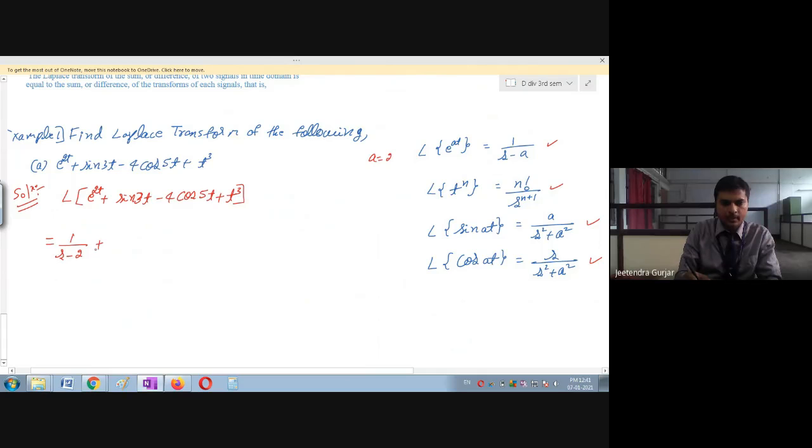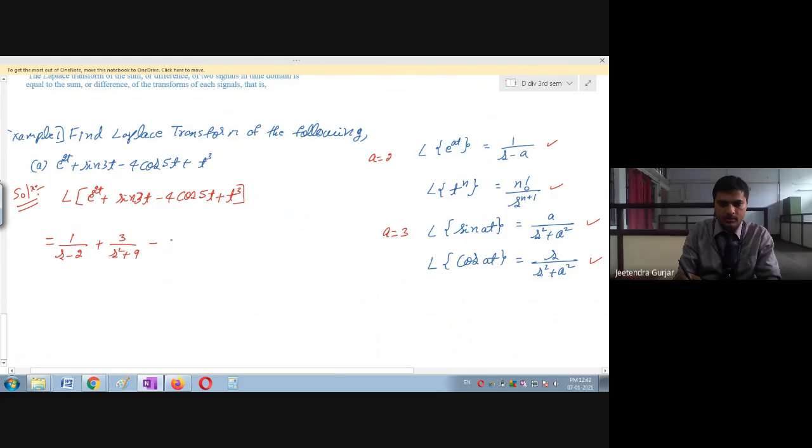Plus next sine 3t, so a is equal to 3, when I substitute, this is going to become 3 upon s square plus 3 square. What is 3 square? 9. Is it clear? Then I will keep minus as it is.